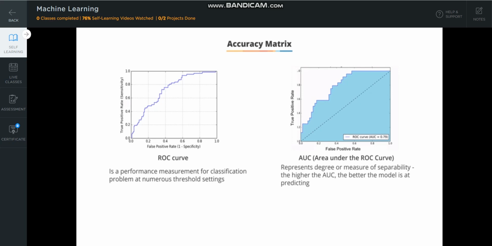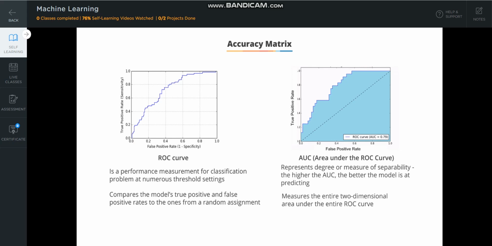It tells how much the model is capable of differentiating between classes. The higher the AUC, the better the model is at predicting zeros as zeros and ones as ones. The ROC curve compares the model's true positive and false positive rates to the ones from a random assignment. AUC, area under the ROC curve, measures the entire two-dimensional area under the entire ROC curve.